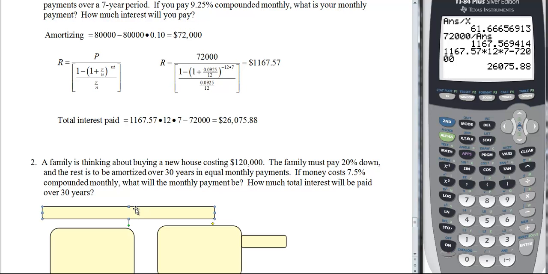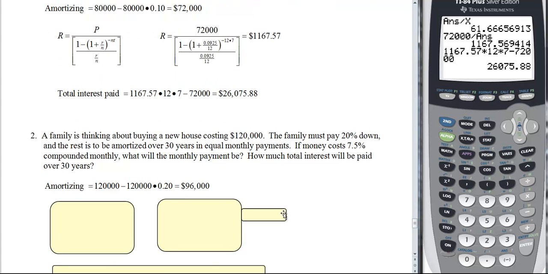Alright, so let's first find out what our actual loan is going to be that we have to amortize. So I have $120,000 minus 20% down, which is 20% of that amount. So 120,000 times 0.20. So this is what we're going to be borrowing.